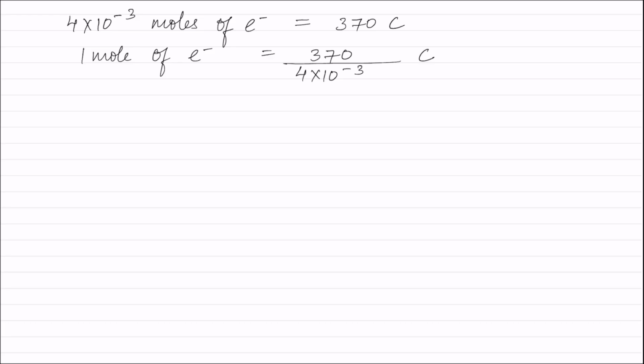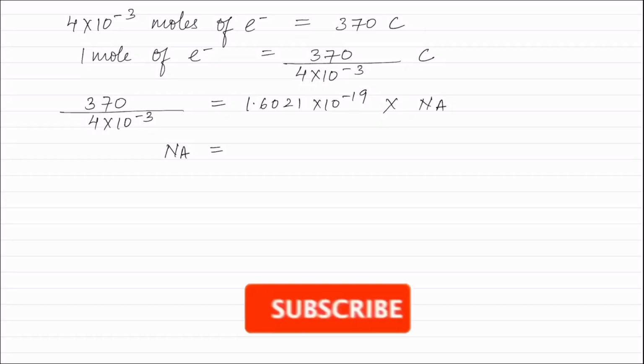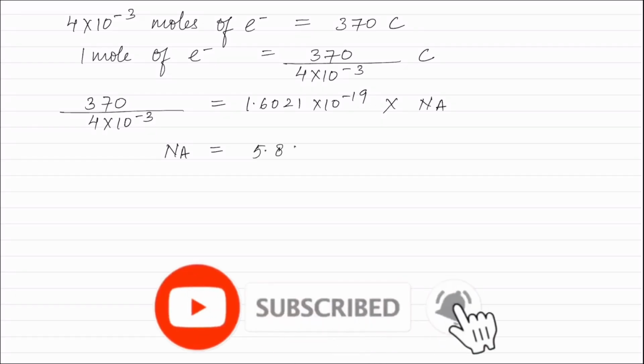And this charge carried by 1 mole of electrons is equal to charge carried by 1 electron, that is 1.6021 into 10 to the power minus 19 coulombs, into Avogadro's constant. Solving this equation, the Avogadro constant value is equal to 5.8 into 10 to the power 23.